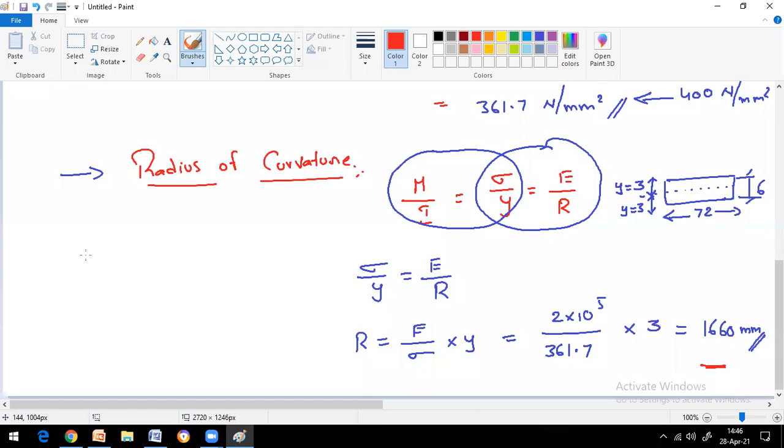So what do you mean by that? If you take a beam, when it is subjected to load, the beam will bend like this.